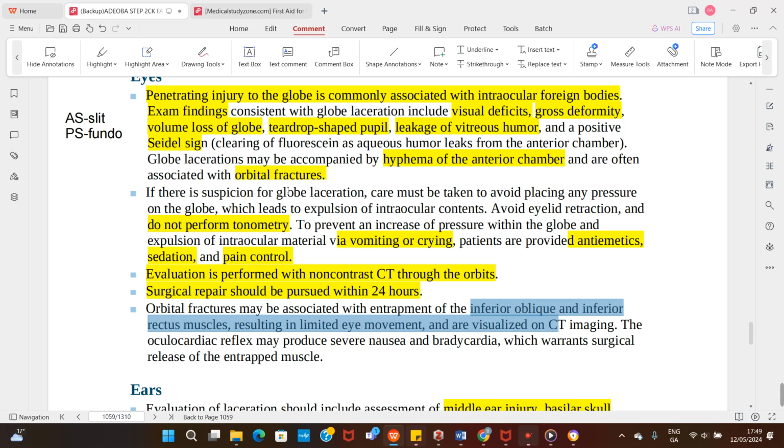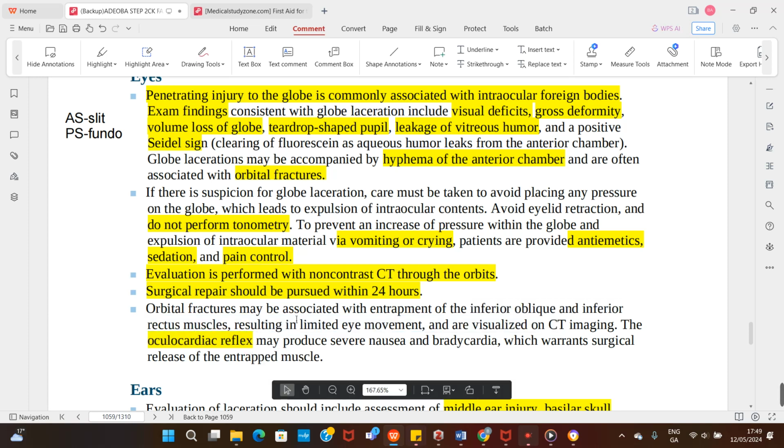That entrapment of this muscle can trigger what we call the oculocardiac reflex. This is one thing I want us to pay attention to. When there is tension on the globe or stretching of the extraocular muscles, there is activation of this oculocardiac reflex, which involves the connection of the trigeminal nerve, particularly the ophthalmic branch, with the vagus nerve.